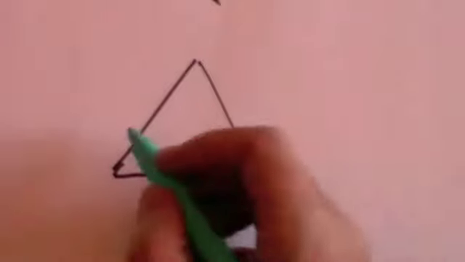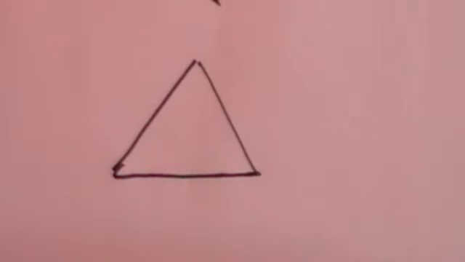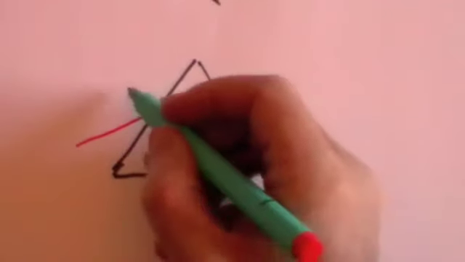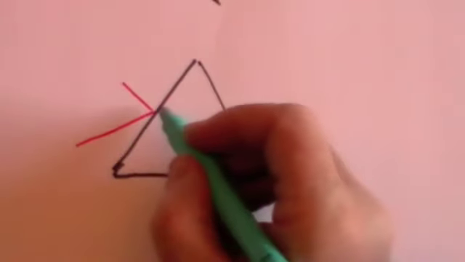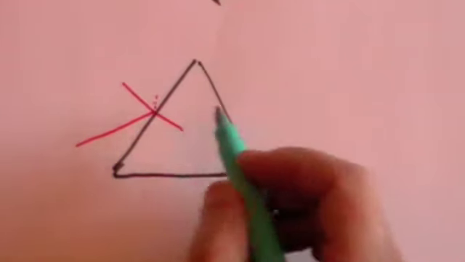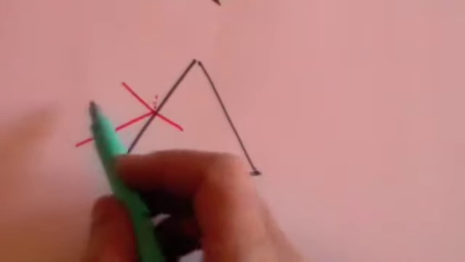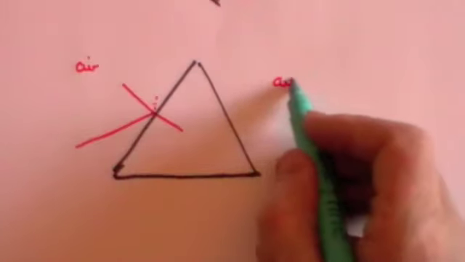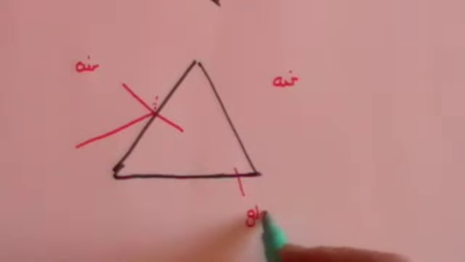And if you send in, let's say, red light, then here is the normal. Some of it will be reflected, we know, we're not worried about that. But some of it will be refracted. This is air, of course, on the outside, and it's glass in the middle.